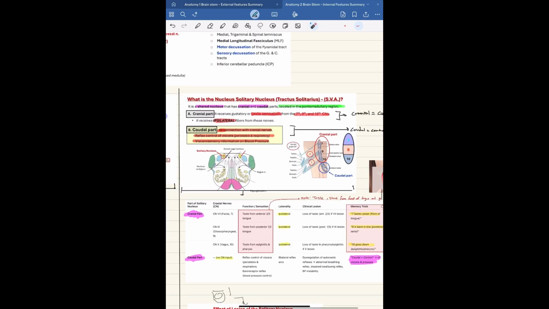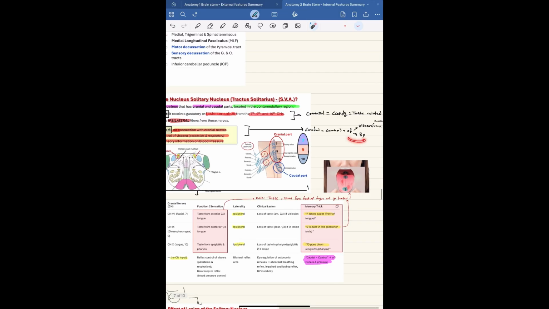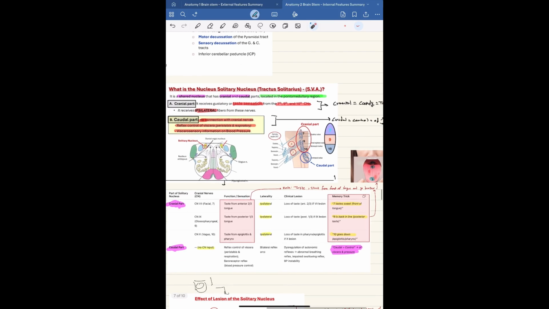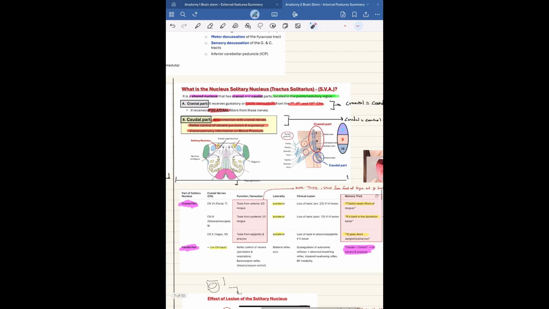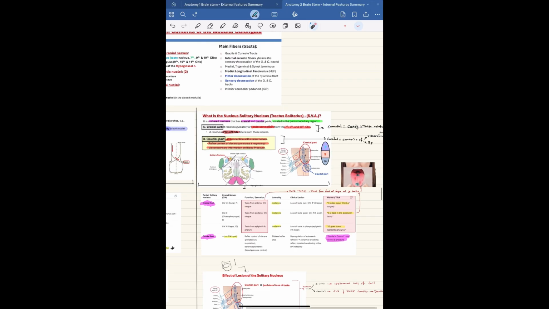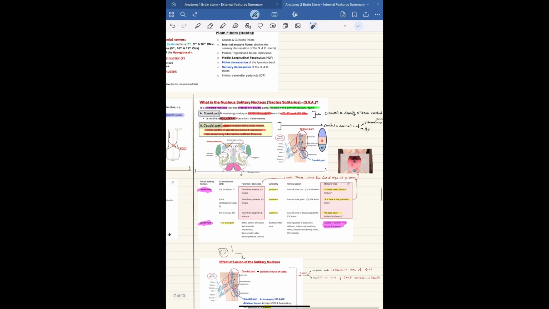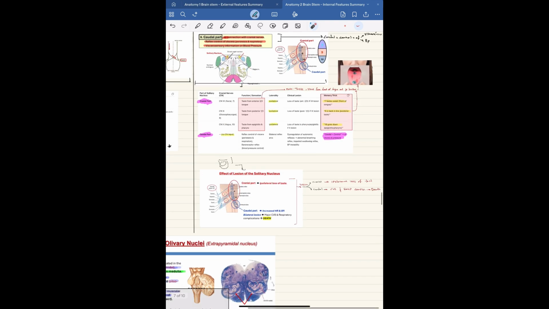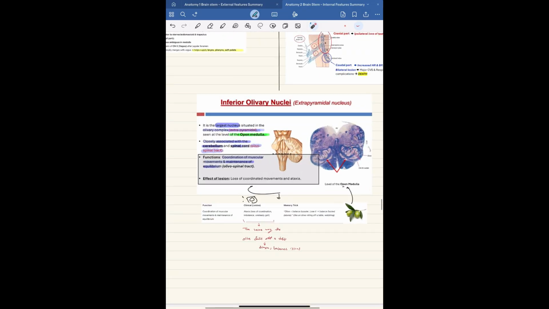So when you get a lesion in this caudal part, you expect to see problems in blood pressure, problems in respiration, all of those aspects. And similar to the cranial part, you will not be able to taste if you get a lesion here. So that's basically the idea here.